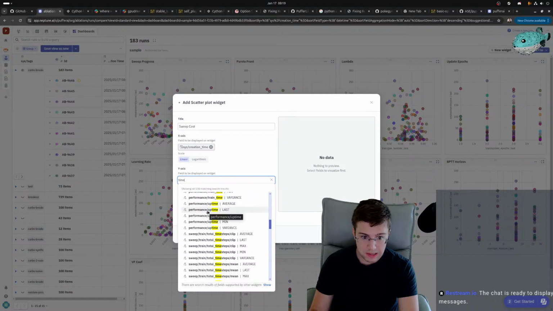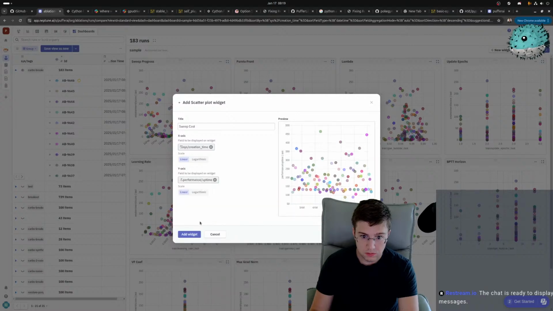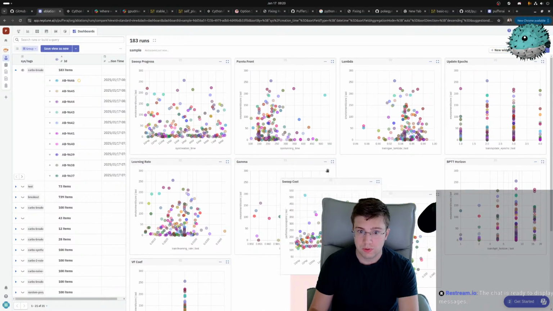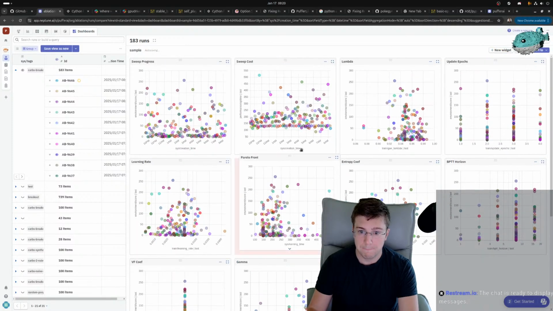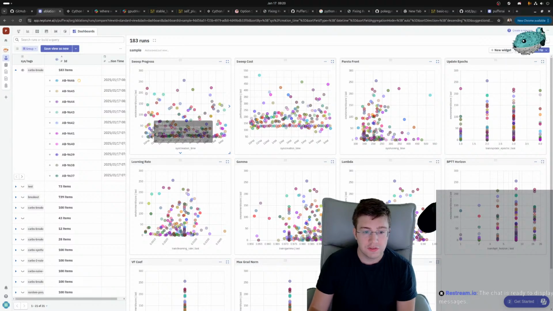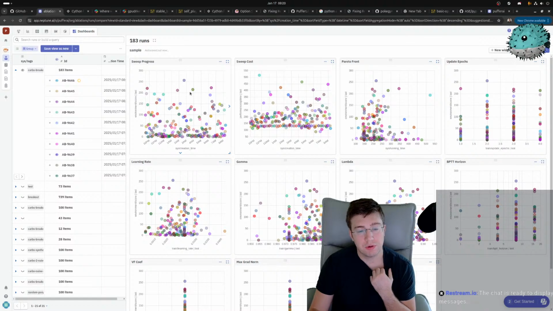Performance uptime last. So here's our sweep cost plot. You can see that this is not really doing the thing we want, which is biasing towards longer and longer runs.